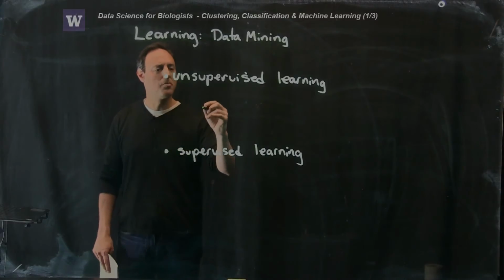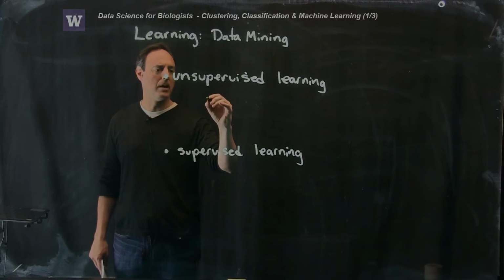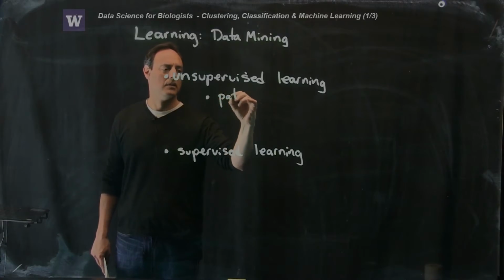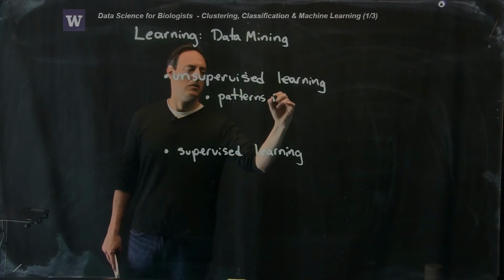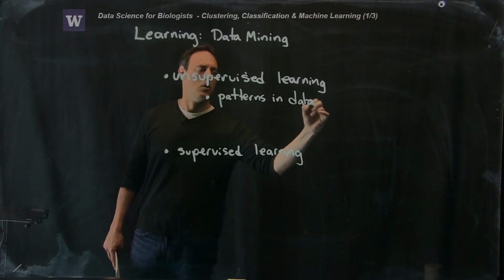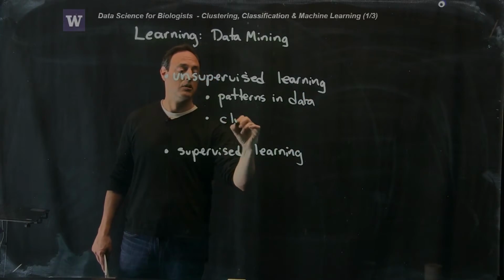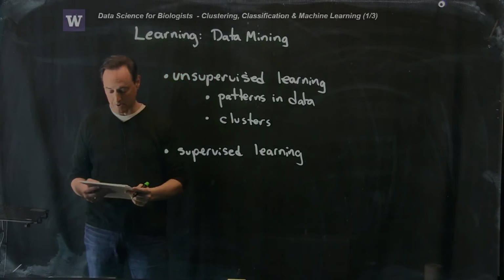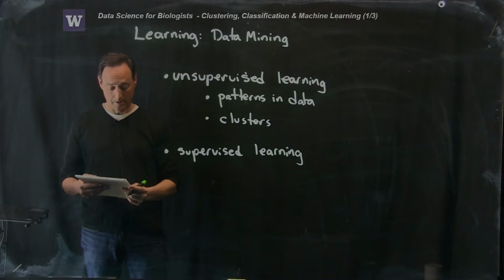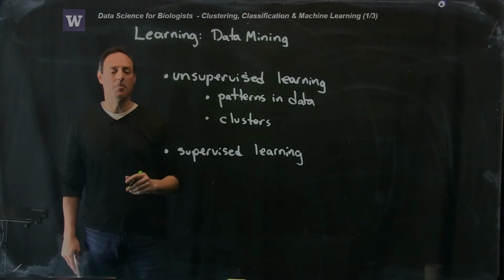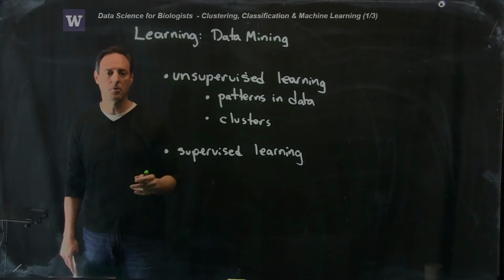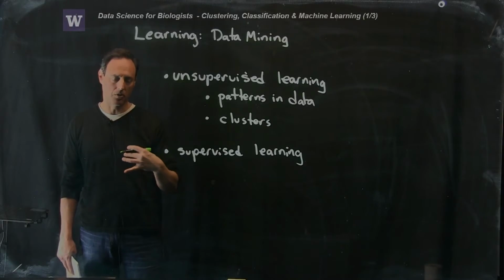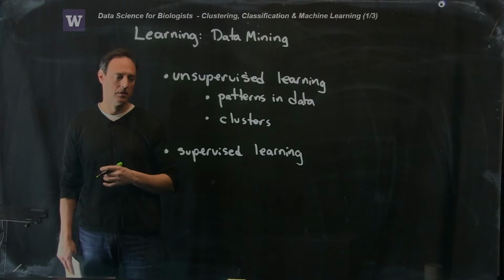So unsupervised learning is really about patterns in your data, or looking for clusters in your data. We'll show some examples in a little bit. This is the data mining operation: you don't know anything, you just put it in there, go look for things, and hope that you can do a good job finding them.